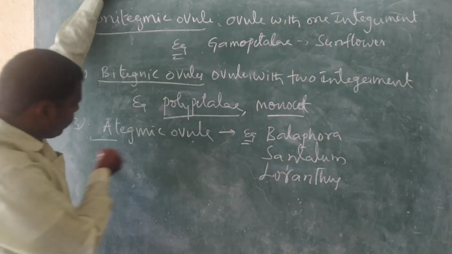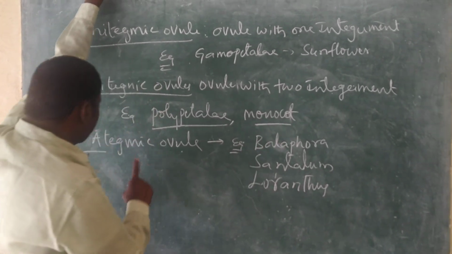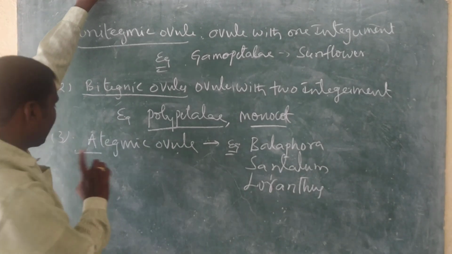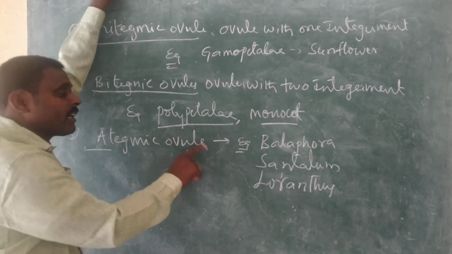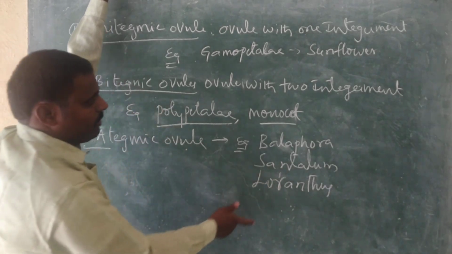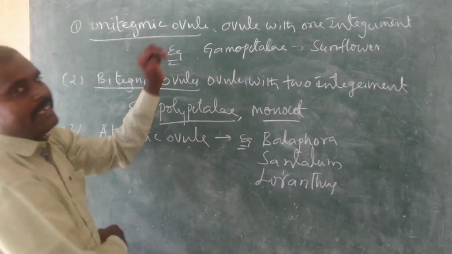These are the examples for ategmic ovules. That means ovules without integuments, or where the nucellus is not surrounded by any integuments, are called ategmic ovules. These three members exhibit ovules without integuments.